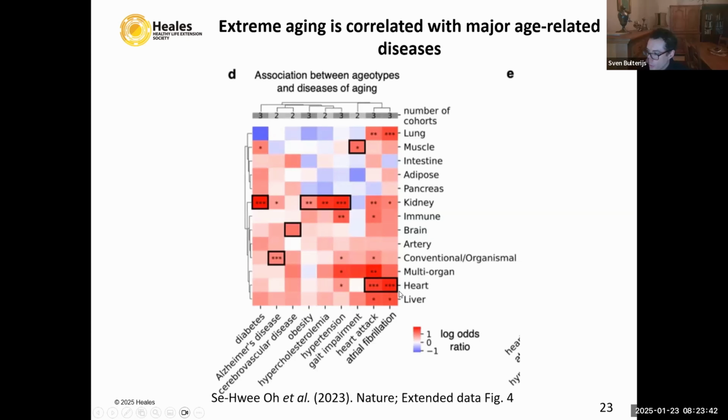People with older hearts have higher risk of heart attack and atrial fibrillation. Atrial fibrillation is also a heart disease, an abnormal rhythm of the heart. Here, one thing that absolutely will not surprise anyone is people who have old muscles will also have gait impairments, because your muscle is, of course, important for your gait. So you can see clearly that the organ clocks are predicting specific diseases.